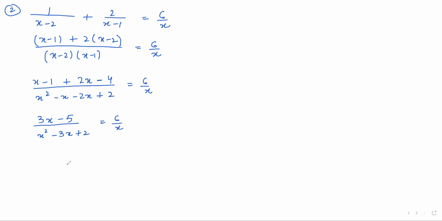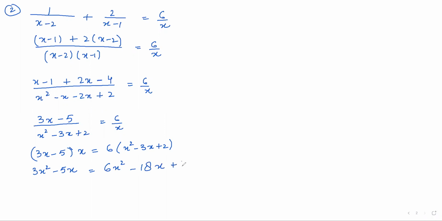Again, you cross multiply. So 3x minus 5 into x is equal to 6 into x square minus 3x plus 2. So that becomes 3x square minus of 5x is equal to 6x square minus 3 into 6 is 18x plus 2 into 6 is 12.